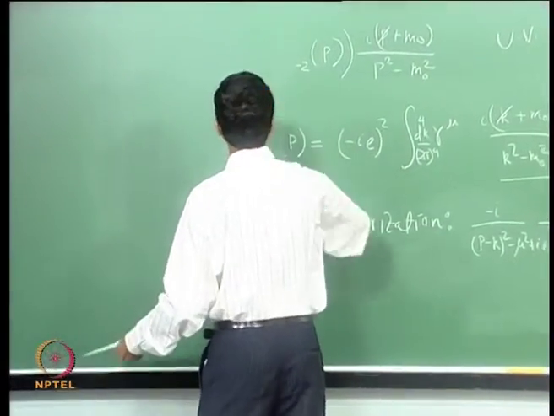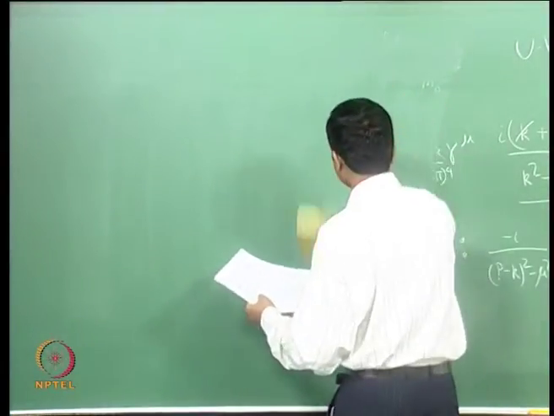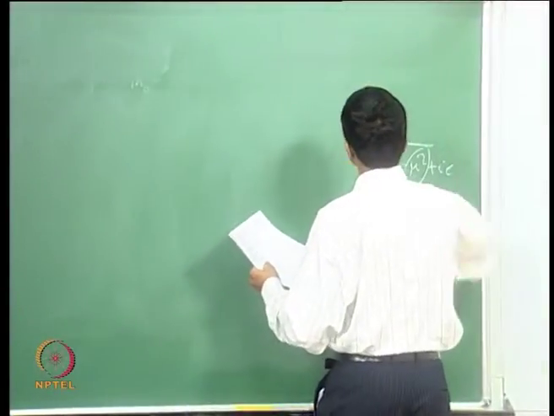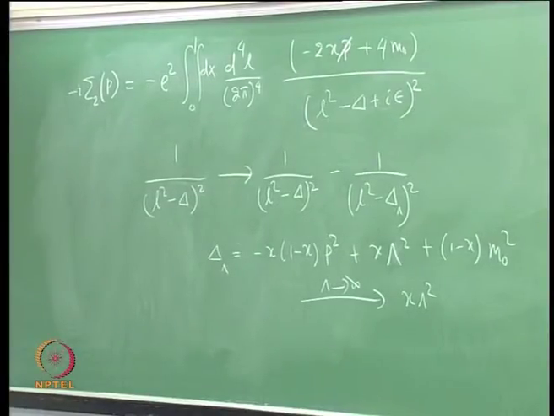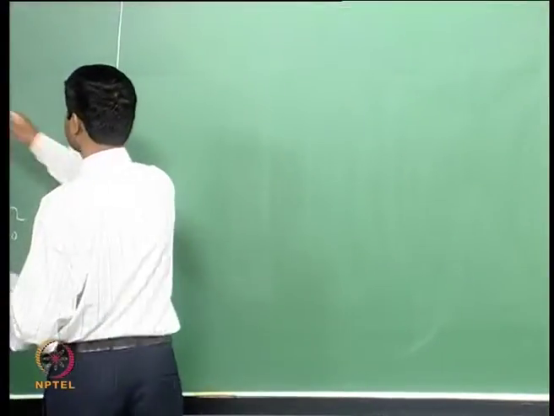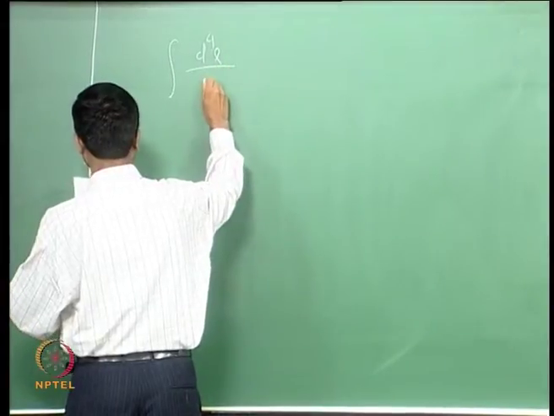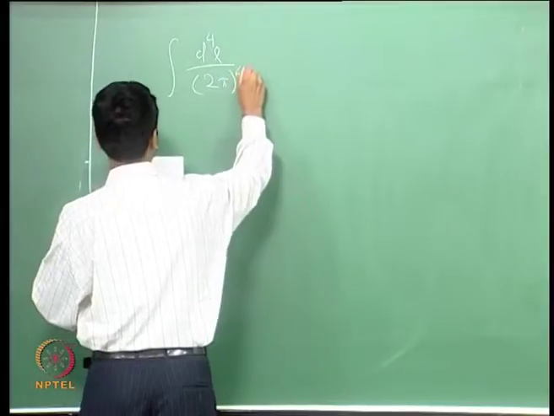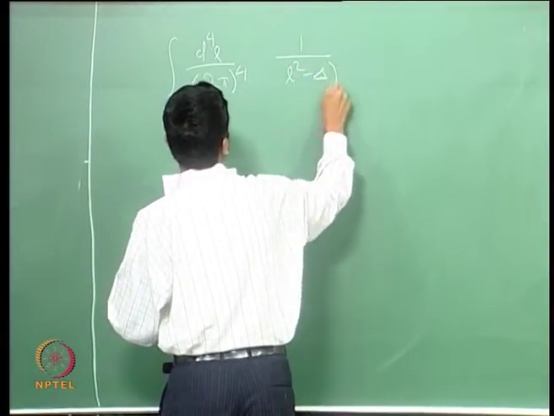We have evaluated similar integrations when we discussed the vertex correction. I will briefly summarize the result. What you have is this integration d4 L divided by (2 pi) to the power 4, 1 over L square minus delta whole square.